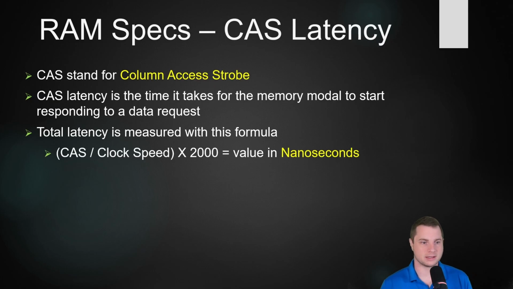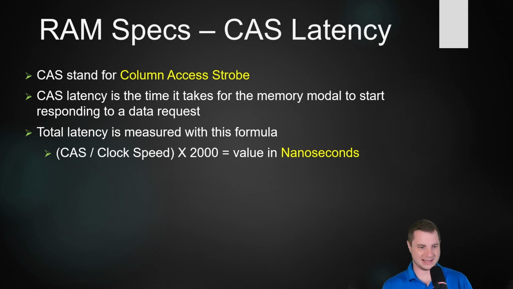Okay, CAS. Column access strobe, CAS latency, is the time it takes for the memory module to start responding to a data request. So this is by far and away the most important latency number in your RAM kit. This is basically, with the incorporation of clock speed as well, how long it takes for data to come back from the RAM.